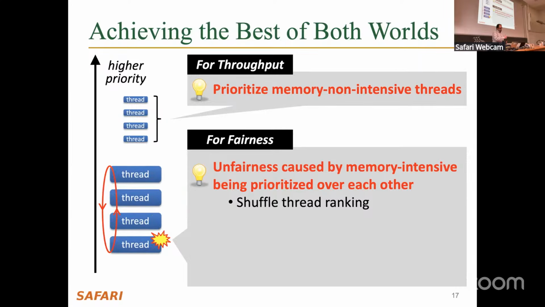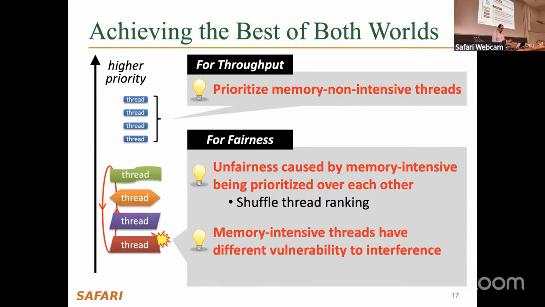In the cluster used for memory intensive threads, we shuffle the thread ranking to get to a different thread ranking from time to time. But we try to do it much more intelligently, in a way that accounts for memory intensive threads having different vulnerability to interference. So we try to shuffle asymmetrically. It's not always shuffling, like rotating. So the shuffling technique is a bit more intelligent here, to make sure that we get a better technique.